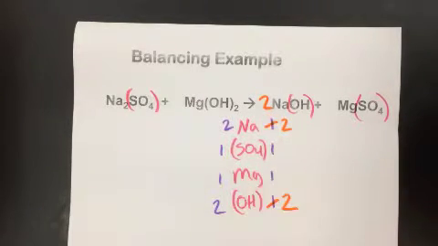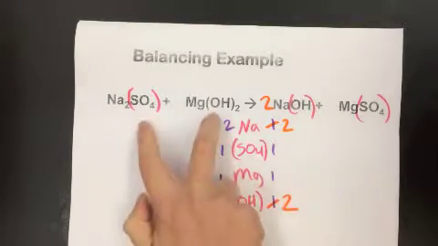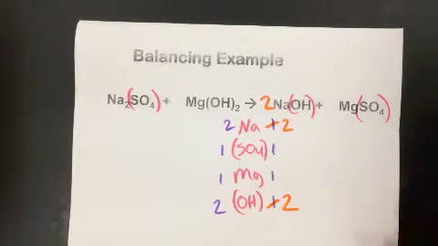You should have only gotten a 2 in front of the NaOH because the only things unbalanced are Na and OH. There's 2 on this side, 1 of each on here.